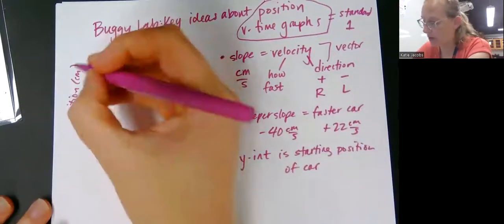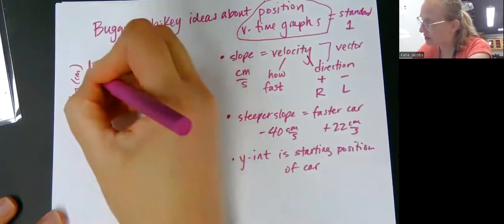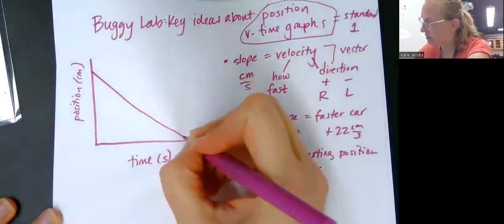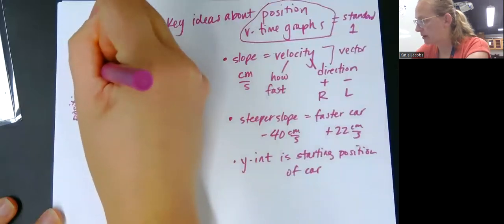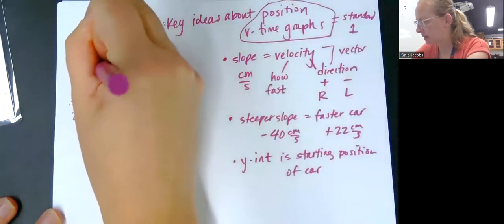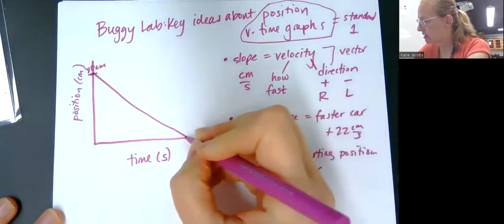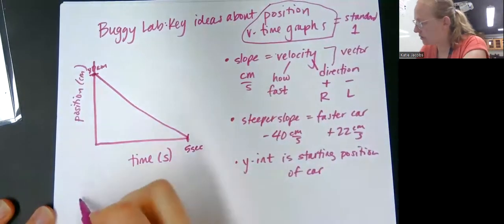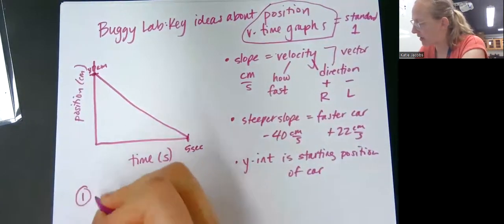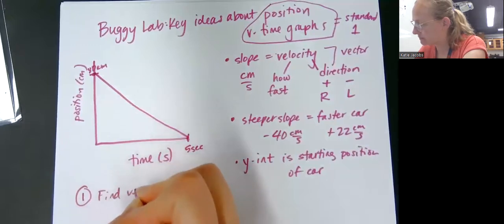A good sample question would be you're given a position time graph. Let's call this 80 centimeters up here. And let's call this 5 seconds. And a good sample question would be find the velocity of the car.